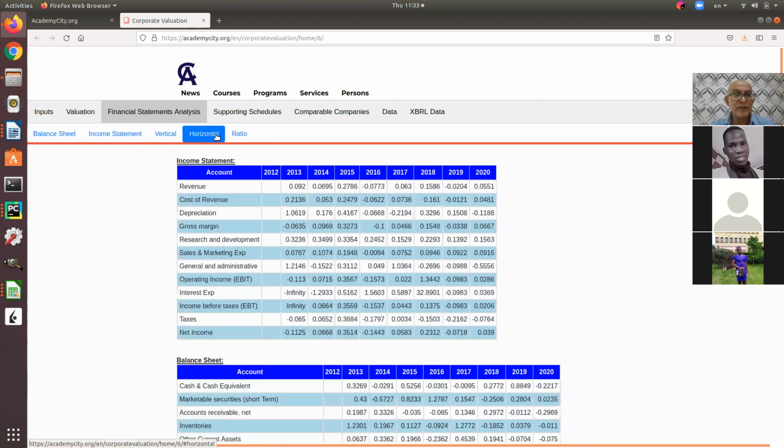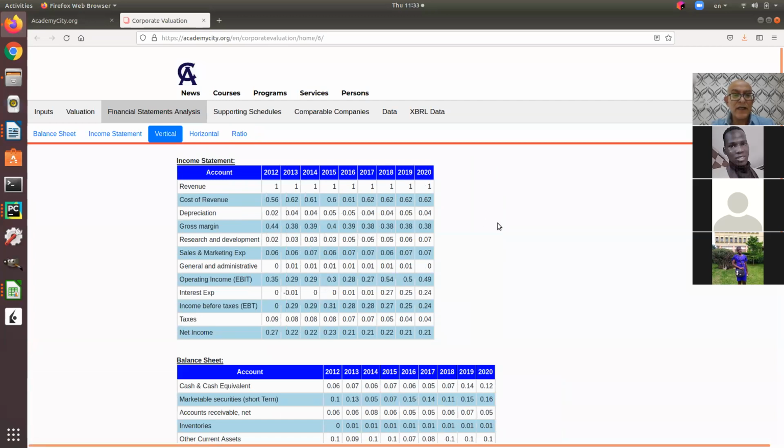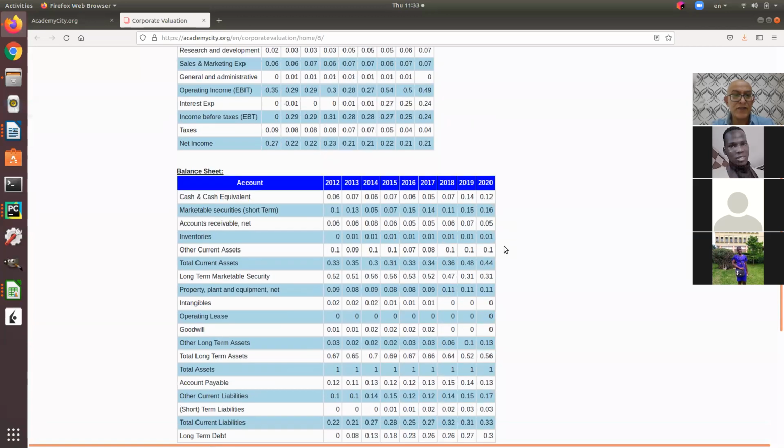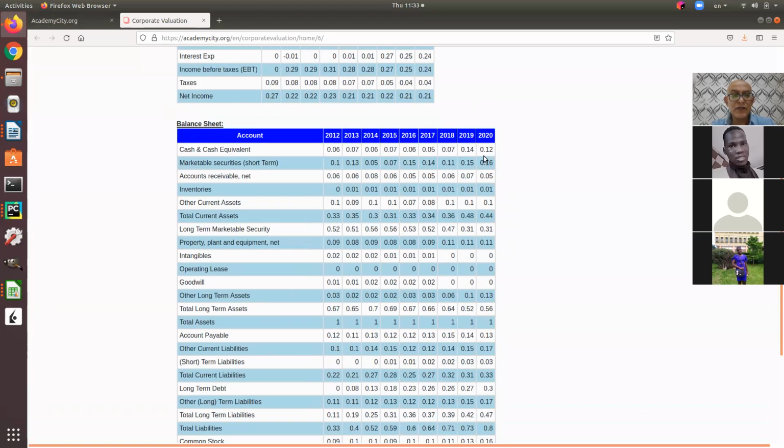Last time we looked at the horizontal and the vertical analysis. From the vertical analysis of the balance sheets, we saw that cash, percentage-wise, is going up as a percentage of total assets. Moreover, we looked at the current assets.